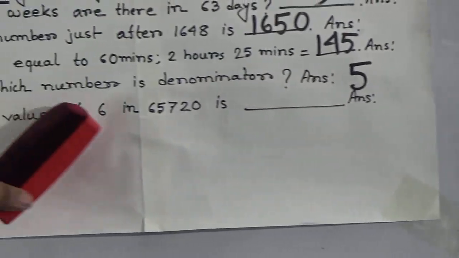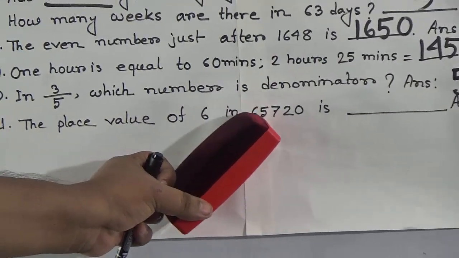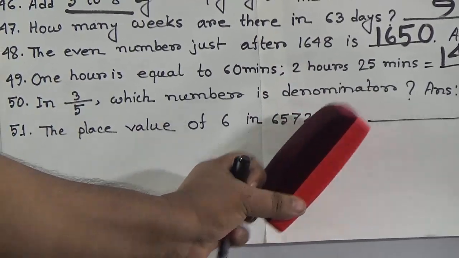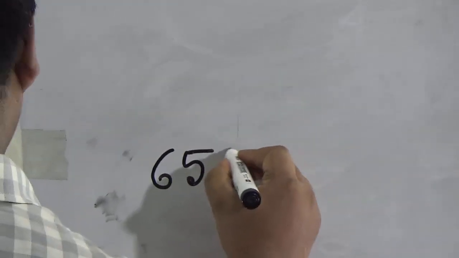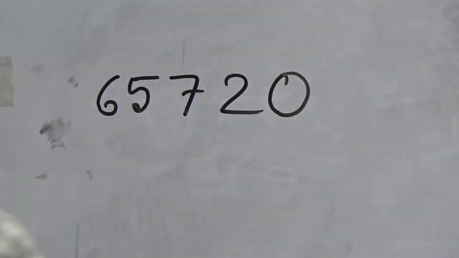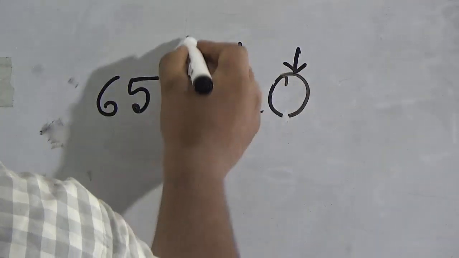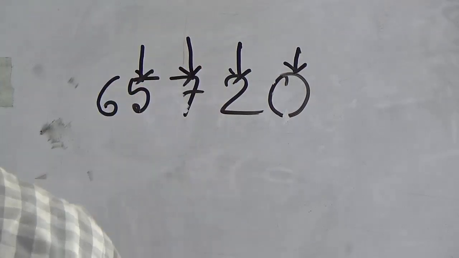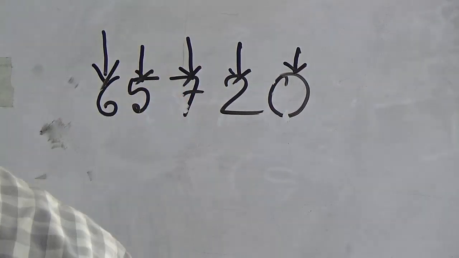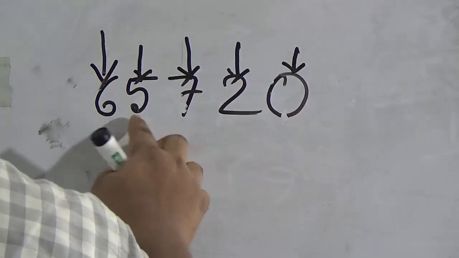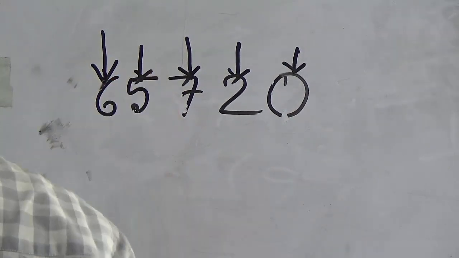The place value of 6 in 65,720. At first we write this number, 65,720. So we need to find out the place value of 6. This place is ones place, tens place, hundreds place, thousands place, and this place is ten thousands.